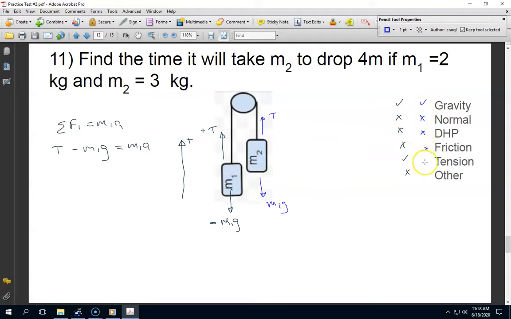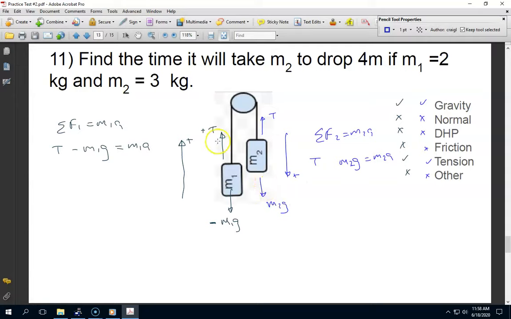It's not touching anything, so there's no friction, but there is a tension. Nobody's pulling on it, right? I got the 2. I'd come in here, sum of the forces on mass 2 equal mass 2 times a, and that's a T and an m2g, and that's equal to m2a, like that. This block is going down. I need to either let both blocks move in the positive direction.